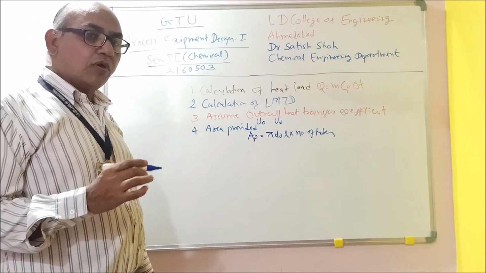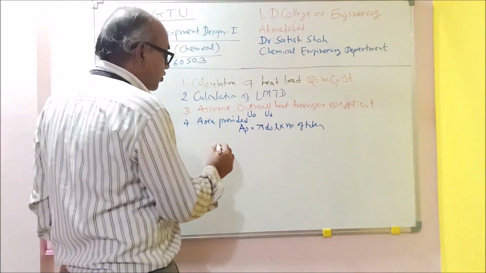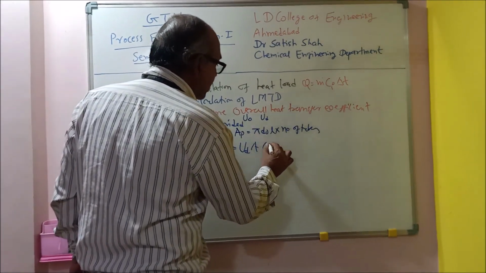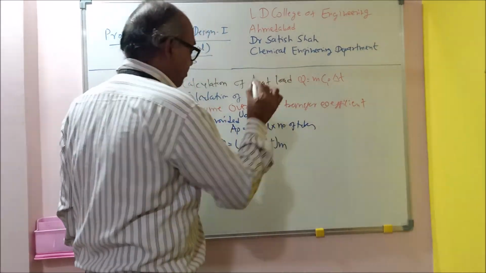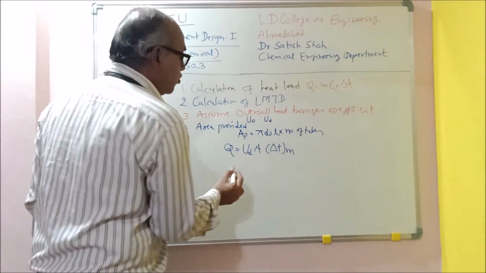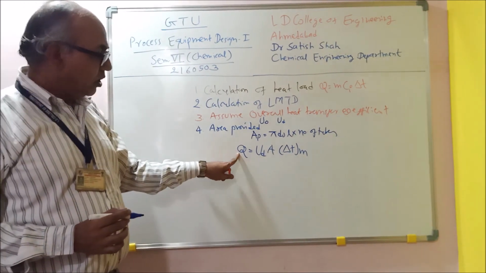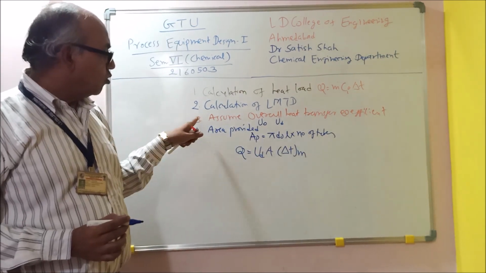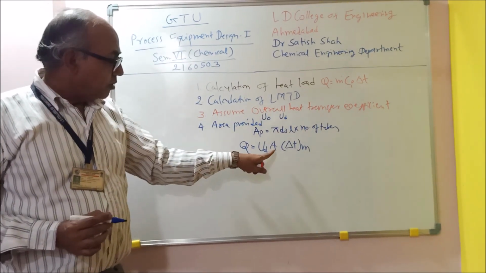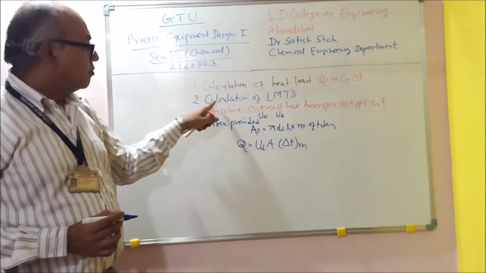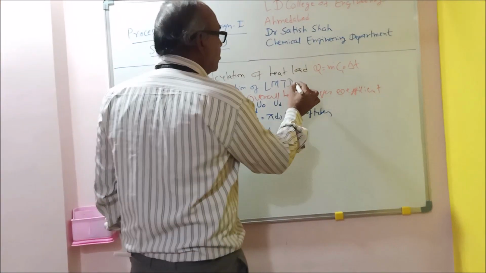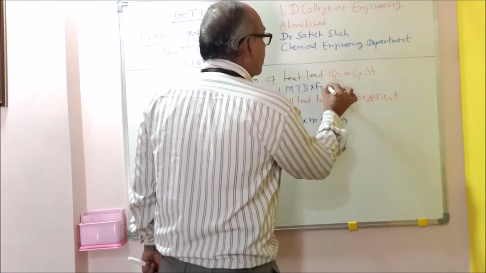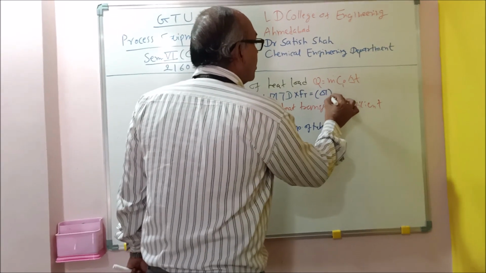And there is one more relation for the overall heat transfer coefficient. If you use Q is equal to UA delta Tm, then Q is the heat load, UD is the overall heat transfer coefficient, and delta Tm is the corrected LMTD. This is LMTD, and then we have multiplied by the correction factor, and that value is known as delta Tm.